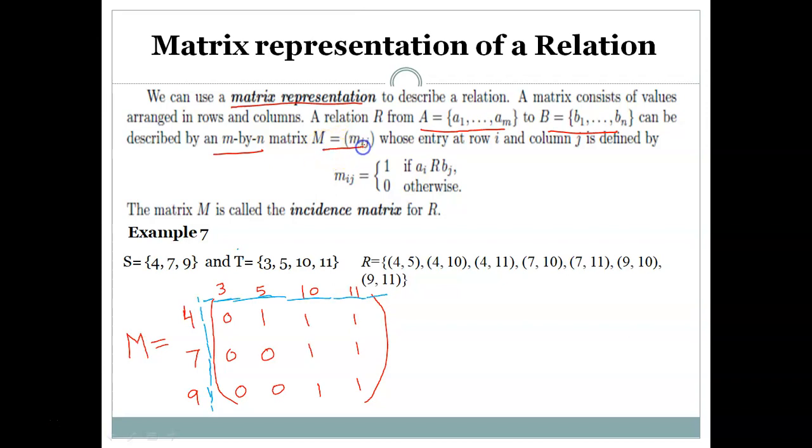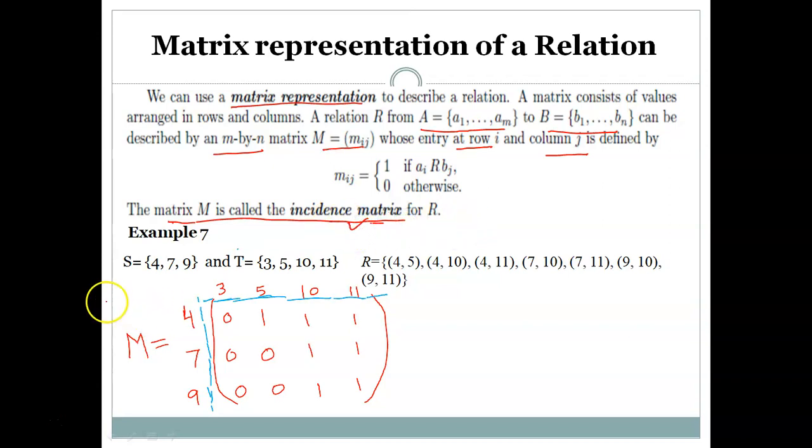In this matrix, the elements are written like this, Mij, where i denotes the row and j denotes the column. And if the entry Mij is equal to 1 if Ai is related to Bj, otherwise it is 0, then such a matrix corresponding to a relation is called the incidence matrix.